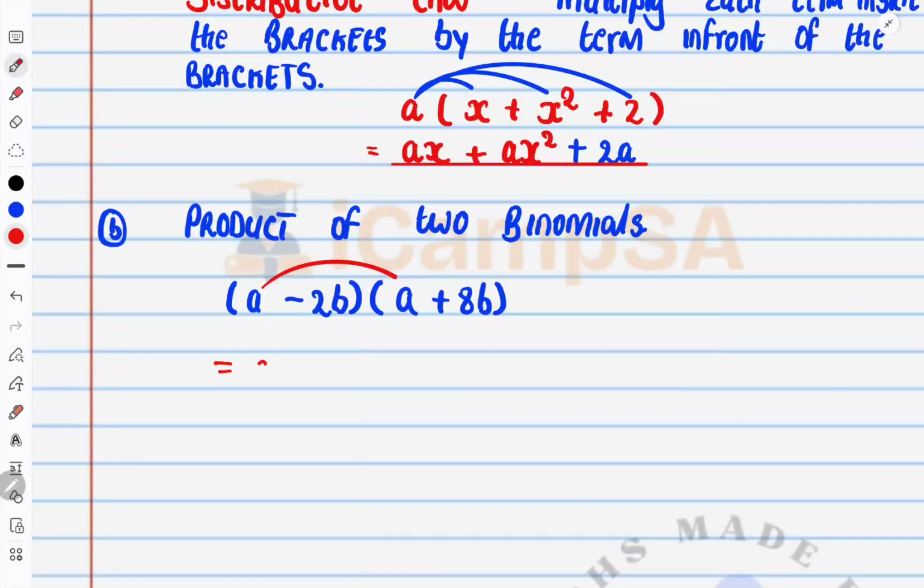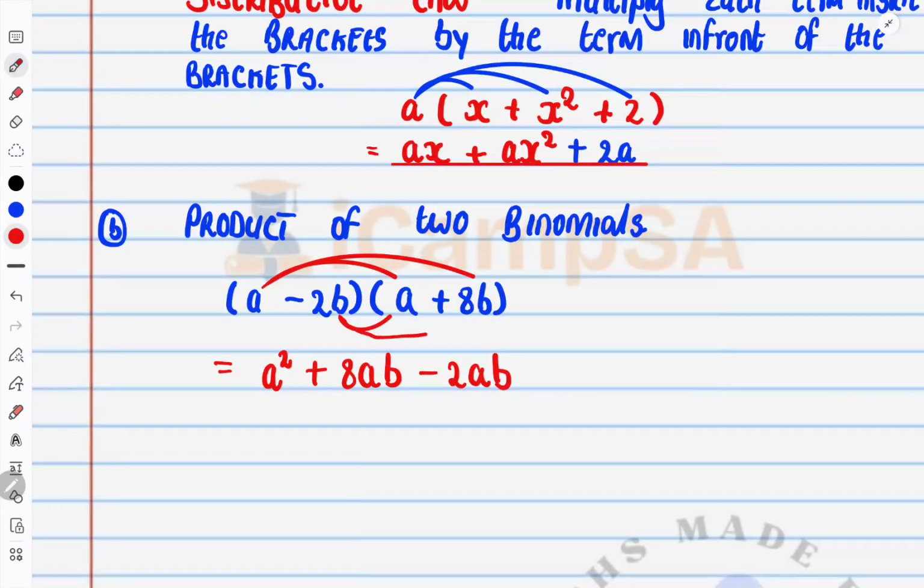So we're going to have a times a, which will be a squared, a to the power 2, and then we'll multiply a by 8b. Therefore we're going to have 8ab, and then we have this second term here, which is negative 2b multiplied by a.